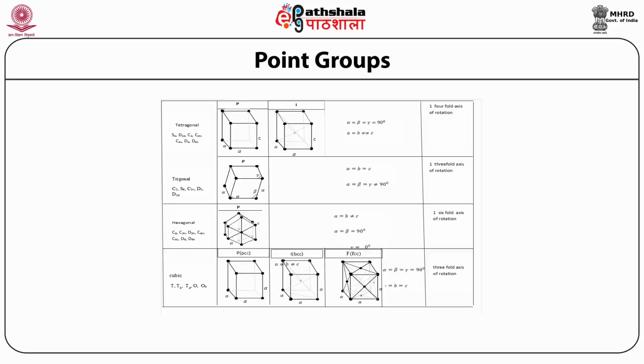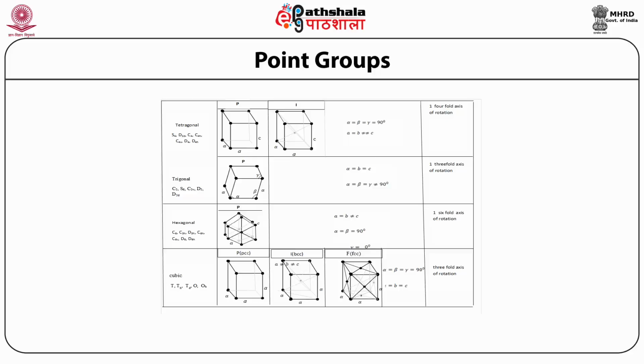It has one six-fold axis of rotation, and the point groups these crystals belong to are C6, C3H, D3H and C6H. Finally, we have the cubic system. The cubic system consists of the groups which we have discussed earlier, the group T or TH or TD and the group O and group OH.